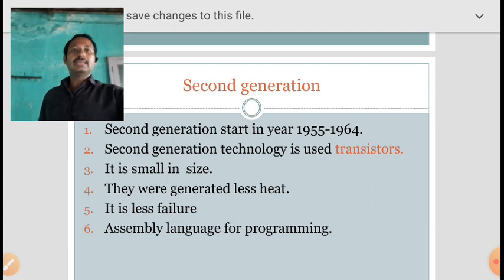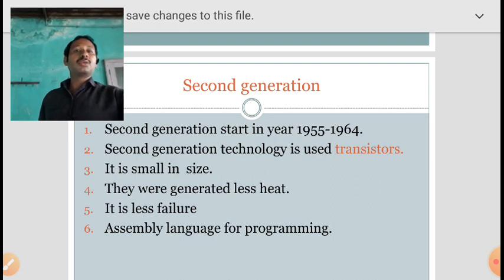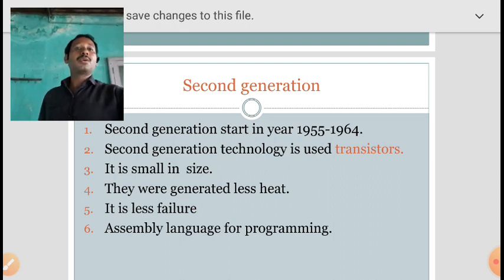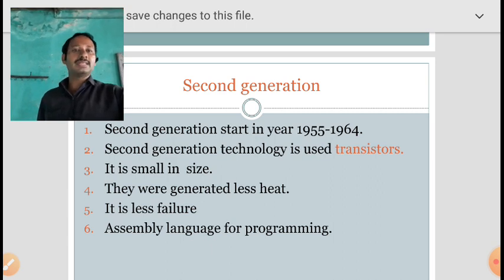It generated less heat compared to the first generation computer, and there were fewer failures, because in the first generation they burned a lot of heat. That's why sometimes a process failed, or sometimes you lost your information. So there is less chance of failure in the second generation.